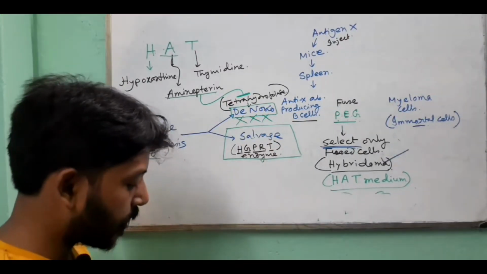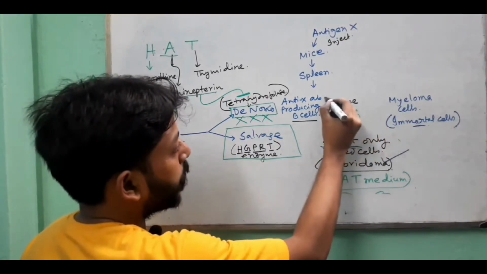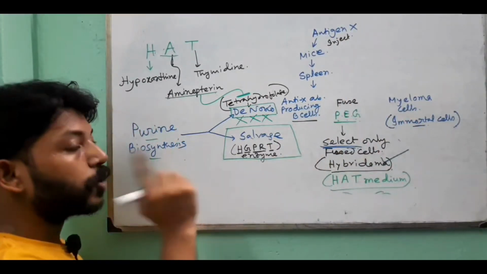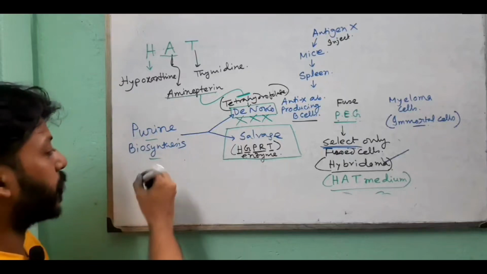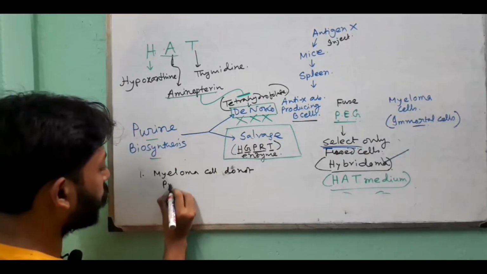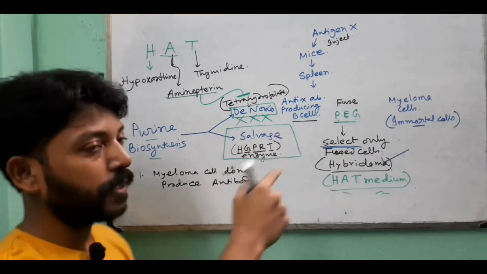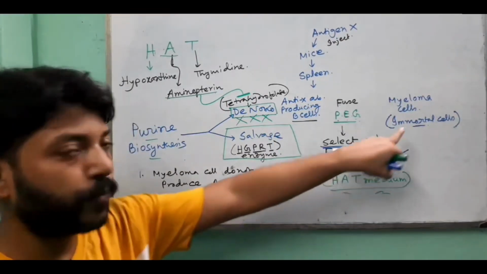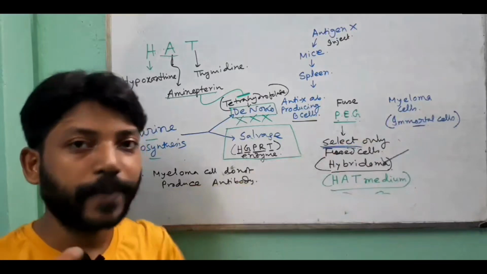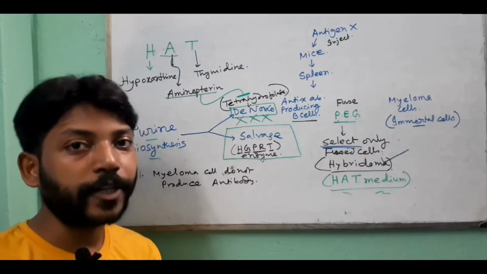The next important thing is, as they have chosen these myeloma cells, there are two conditions for the selection of myeloma cells. One, the myeloma cells do not produce antibody. As I have already mentioned, this myeloma cell is actually a cancerous plasma cell, and a plasma cell can secrete antibody.